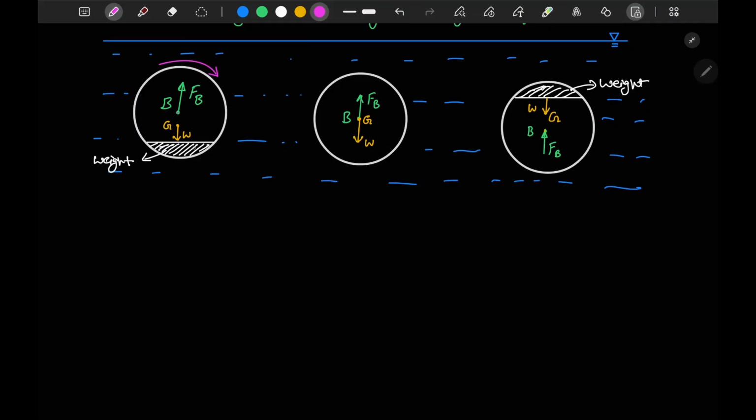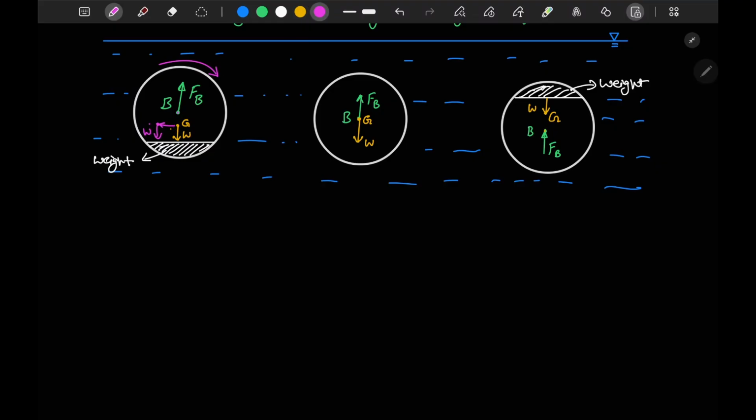Since water is homogeneous, this will remain at this point only. But your weight will shift. If you rotate it like this, the weight will shift somewhere here. G will move to this side.